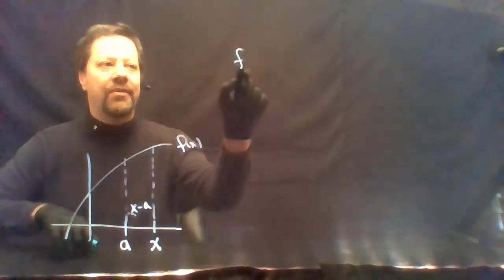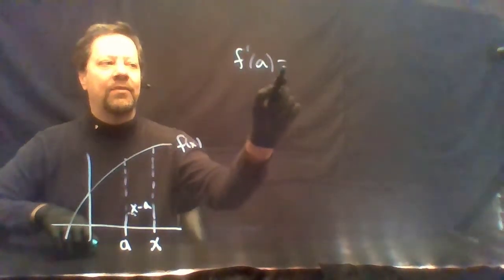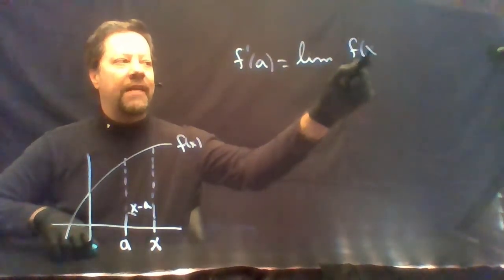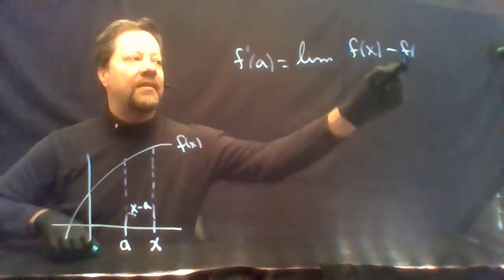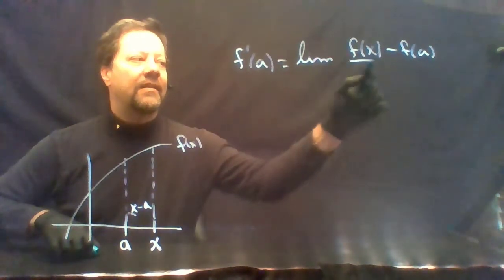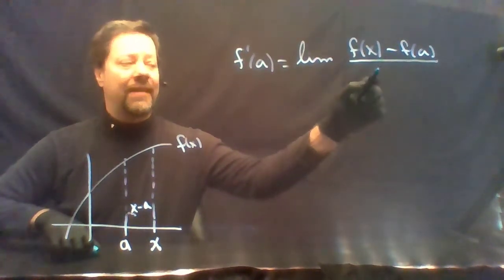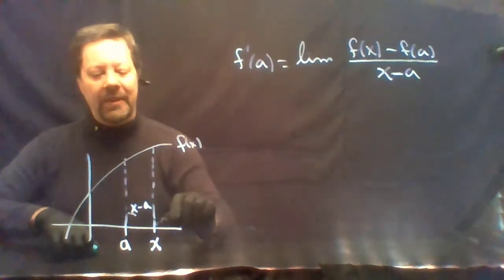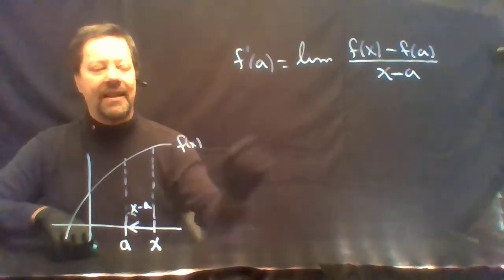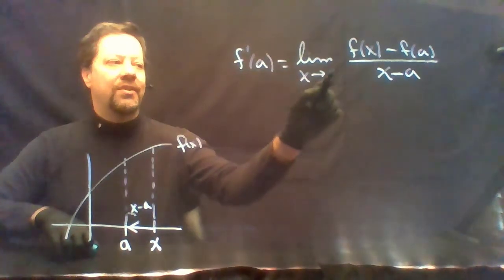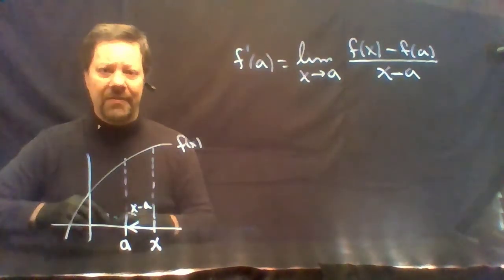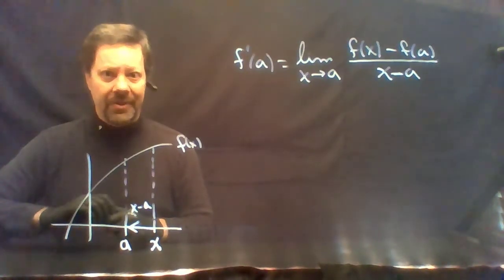And so the derivative at a will be the limit. The difference in the y values will be f of x minus f of a, whereas the difference in the x values will be x minus a. And we'll have to take the limit as x tends to a. We'll need to use this formula pretty soon.